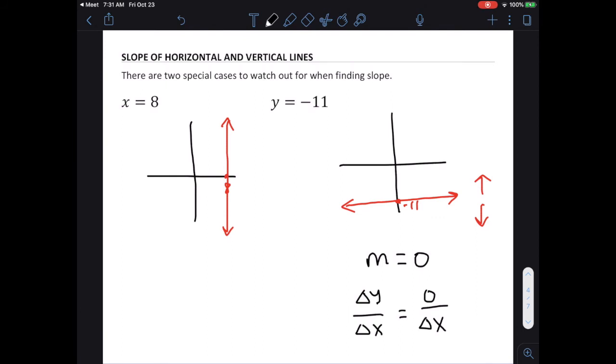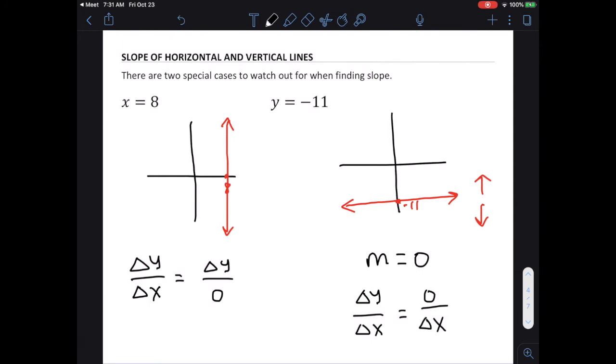Now, the other one is a little bit more confusing, a little bit harder to understand. But if we look at that same idea of change in y over change in x, in this case, x is always 8. So that means the change in x is 0. So we have the change in y, and it doesn't matter what the change in y is really, but the change in x is 0. And in math, when we have a fraction with 0 on the bottom, we can't do that.